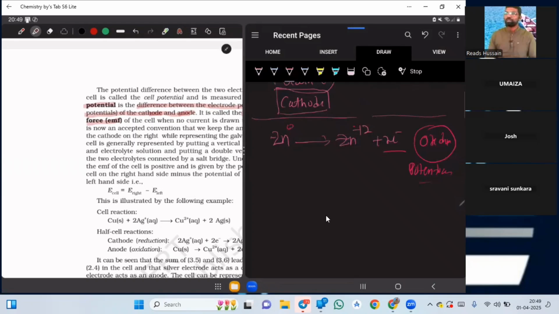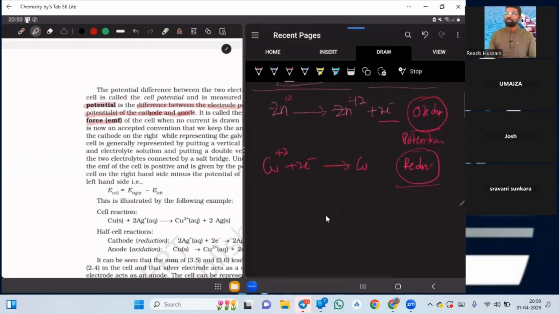So it is oxidation potential. Very good. Next, what about copper? Copper is gaining 2 electrons and converted to Cu. So gain of electrons is a reduction. So copper has reduction potential. Zinc has oxidation potential. Copper has reduction potential. Now, what is a galvanic cell? Galvanic cell construction and all, we have seen in the last class.